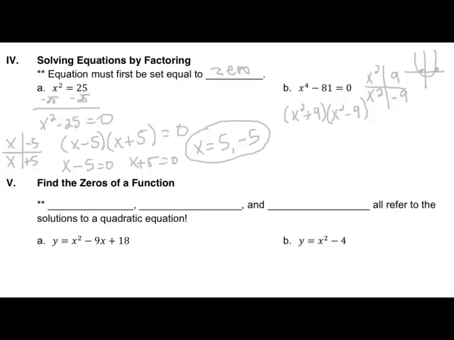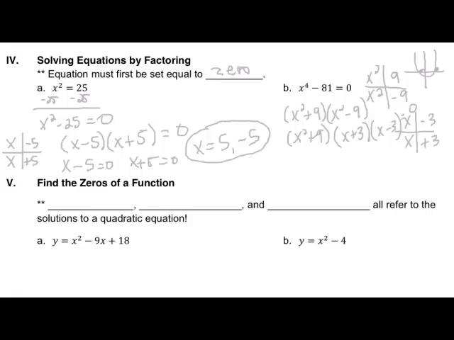So x squared minus 9 can be factored again. I'm just going to rewrite x squared plus 9. X squared minus 9 will factor to x and x, negative 3 and positive 3. So x plus 3 and x minus 3. Again, these are all set equal to 0.